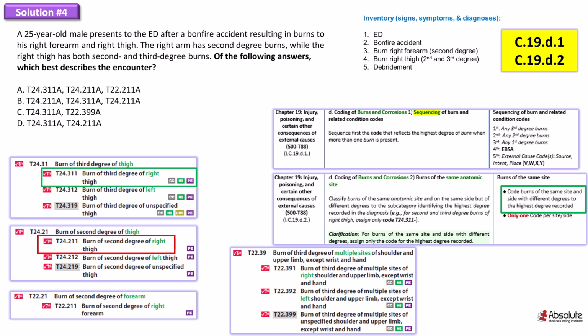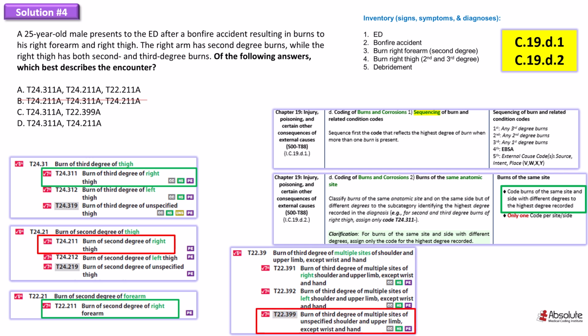Now, let's take a look at our next code, T22.211. This is the code for second degree burn of right forearm. That is a good code, right? And you find that at A and D. But what is not a good code is at C, that T22.399 over here.